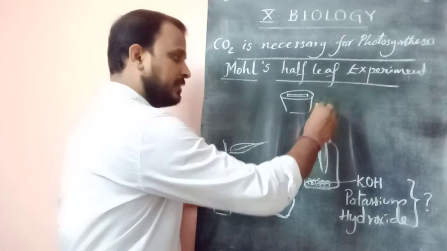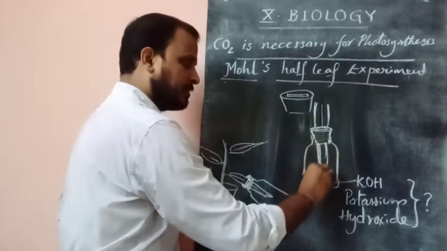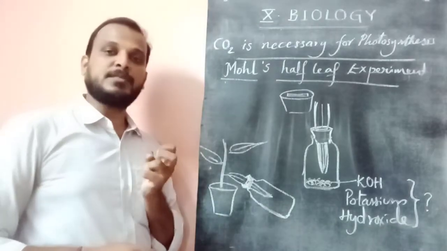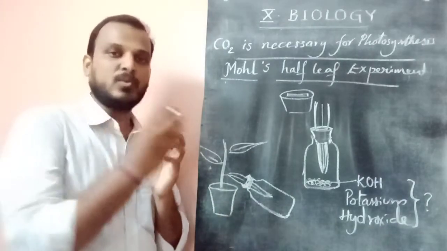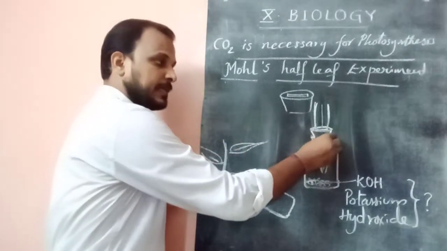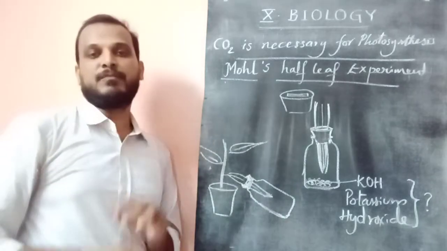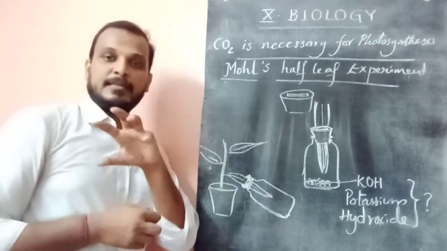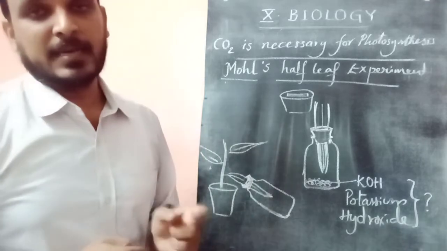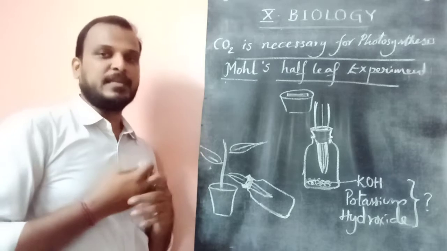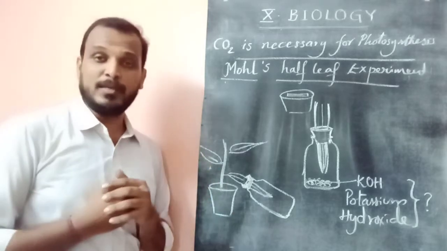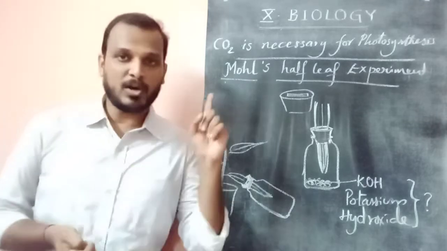After inserting the leaf, if any air gaps are there around the cork or around the split, in the gaps between the cork and the mouth of the bottle, they must be covered airtight with grease or Vaseline. Why is it covered with grease or Vaseline? Not to let any gases enter, because we are doing an experiment in relation to a gas called carbon dioxide.